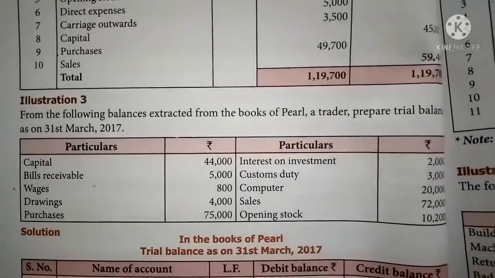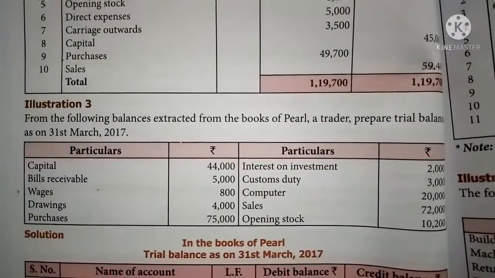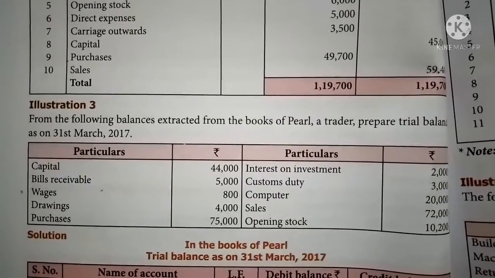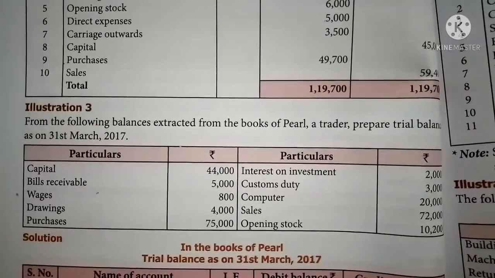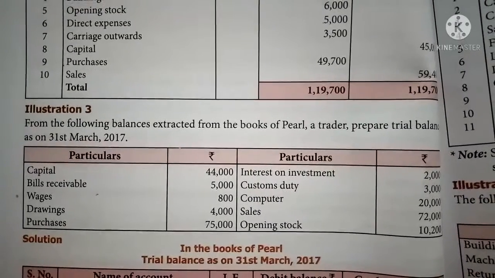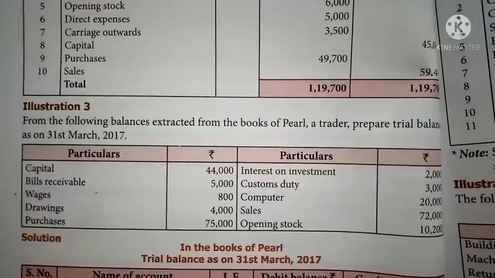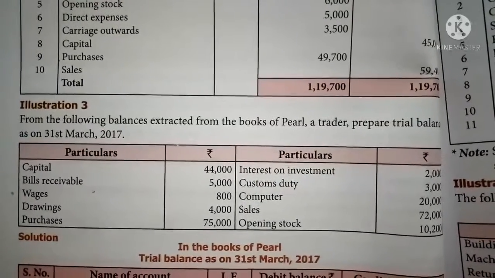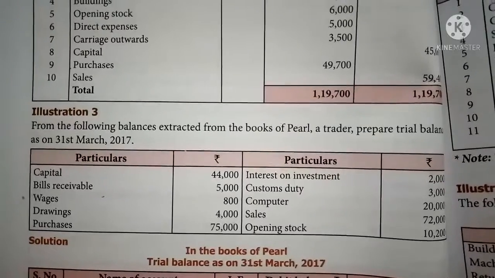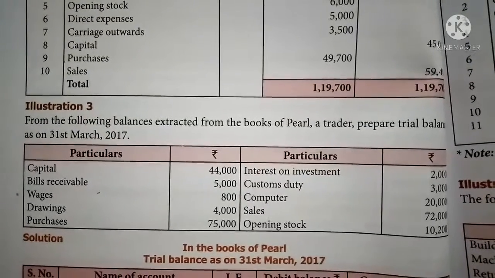Interest on investment 2,000 is one of the incomes we have received. All income should be shown in the credit column. Customs duty is one of the expenses, and should be shown in the debit column. Computer property is also shown in the debit column. Sales is the revenue for the business. Revenue should be shown in the credit column.